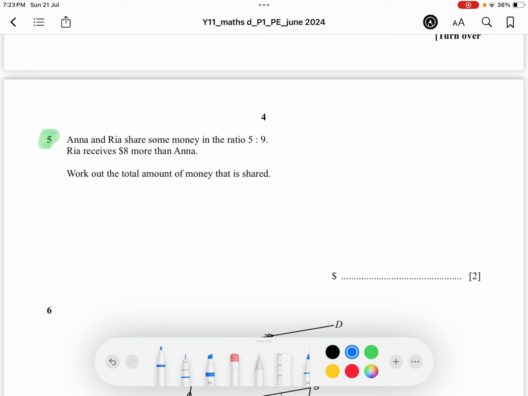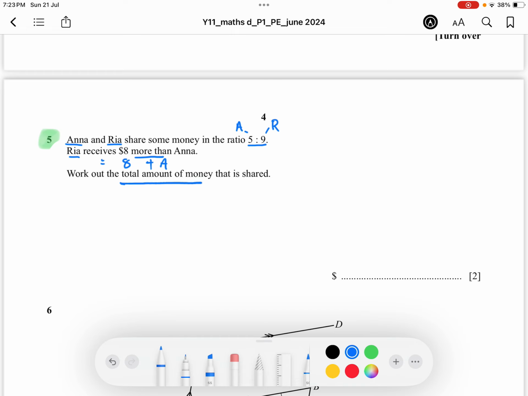Next question is on ratio. So the first one is for Anna, the second one is Ria, as stated here. So we label it respectively. And then also being stated here, Ria receives $8 more than, so plus, Anna. And then the question is asking, work out the total amount of money.